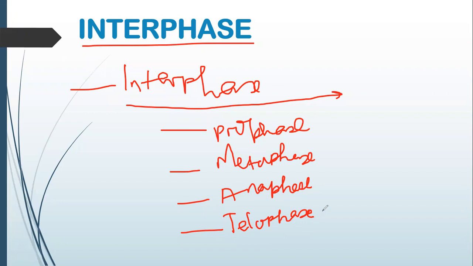Start from the bottom: telophase, anaphase, metaphase, prophase, and interphase. Let's start from the second going downwards: prophase, metaphase, anaphase, and telophase. And from the second going upwards: anaphase, metaphase, prophase, interphase.